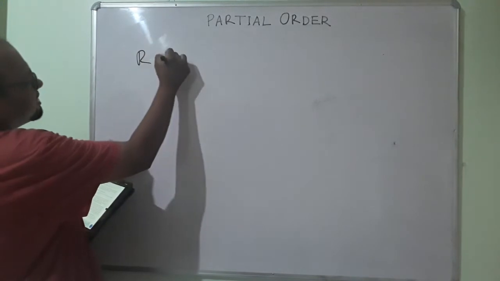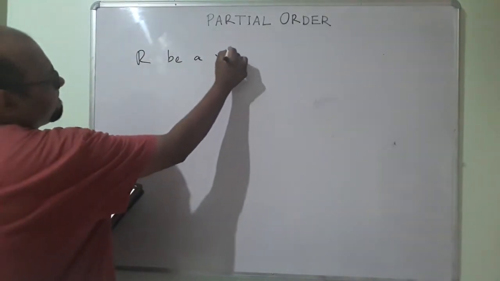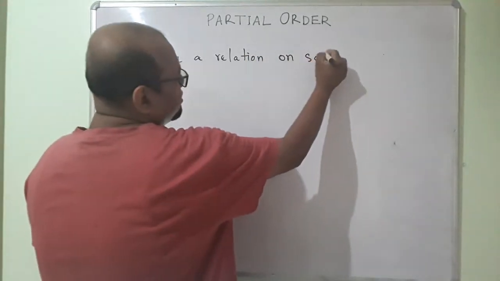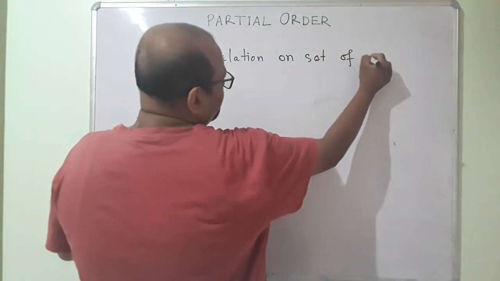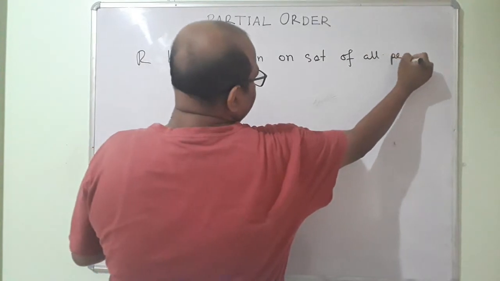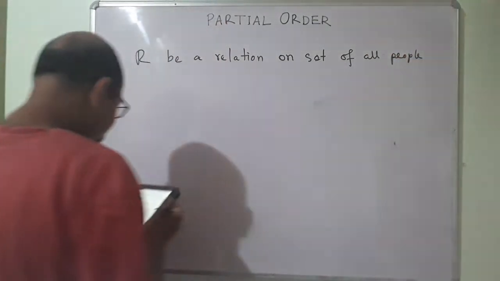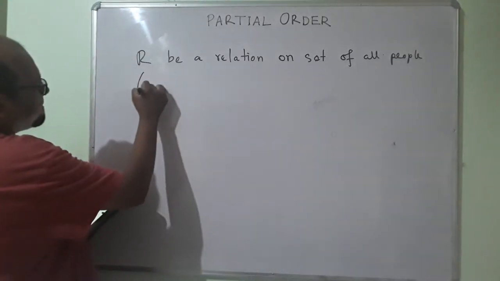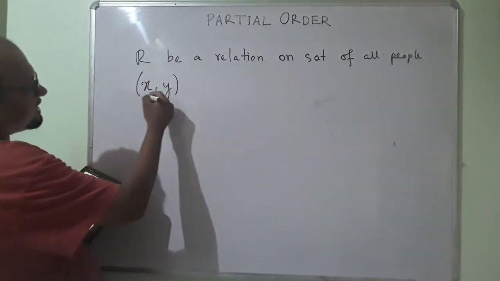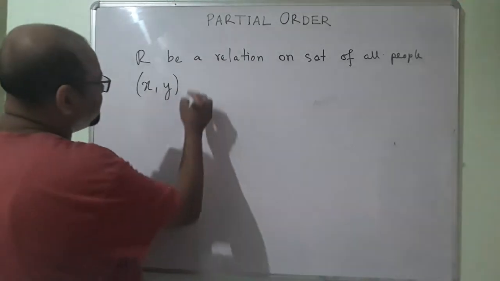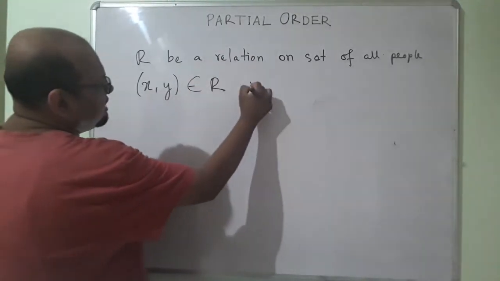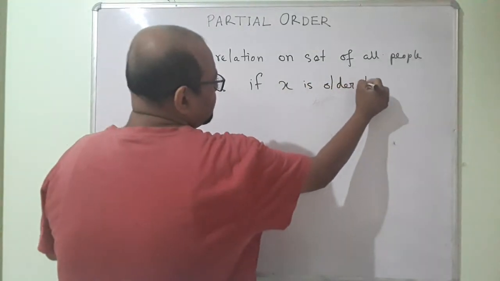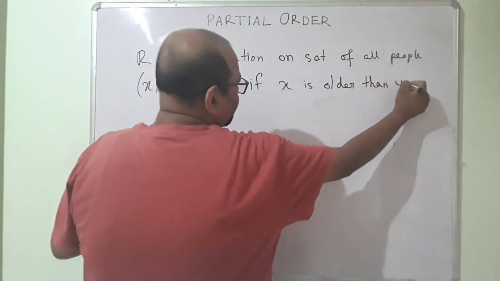Let R be a relation on the set of all people. And (x, y), where x and y belong to the set of all people, belongs to the relation if x is older than y.